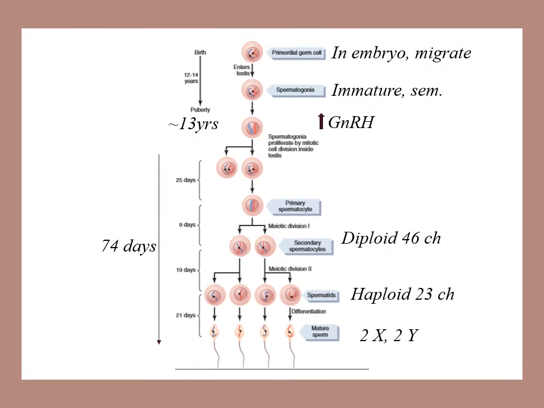So let's talk about the process of sperm formation. The sperm-forming cells, which are the spermatogonia, originate from the primordial germ cells. So in embryogenesis, these cells migrate from the abdomen into the testis and line the seminiferous tubule as spermatogonia, which are immature.